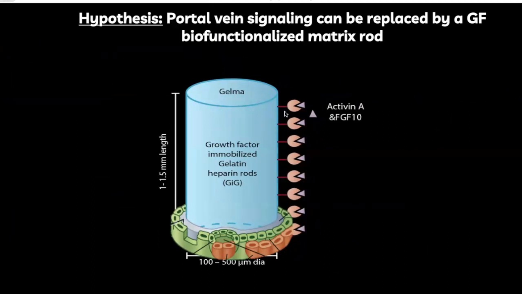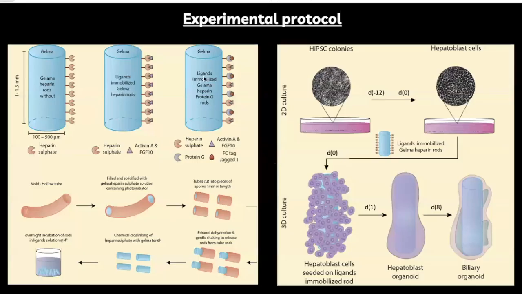And on that rod, we chemically grafted activin A or different growth factors. And the idea is, can such rods mimic the effect of the portal vein, and hence lead to the differentiation of the hepatoblast if the hepatoblasts are placed on these rods? So this is what we did.